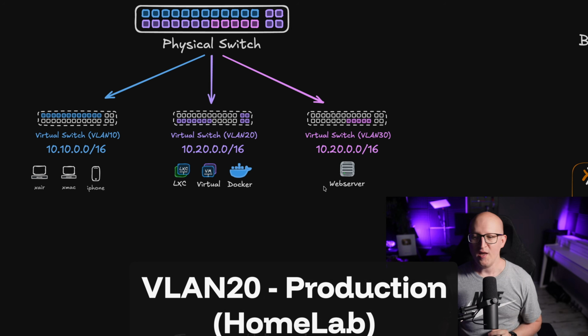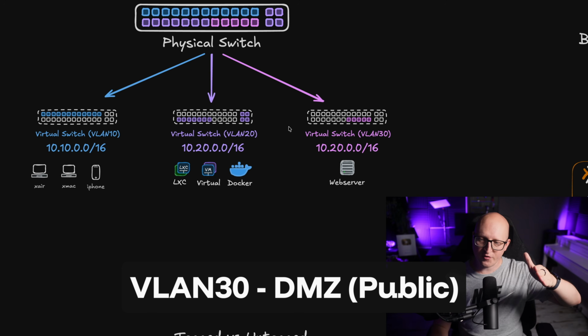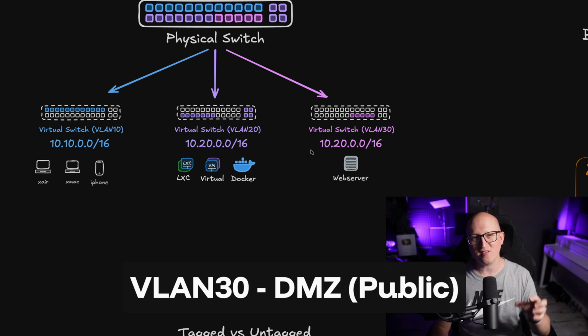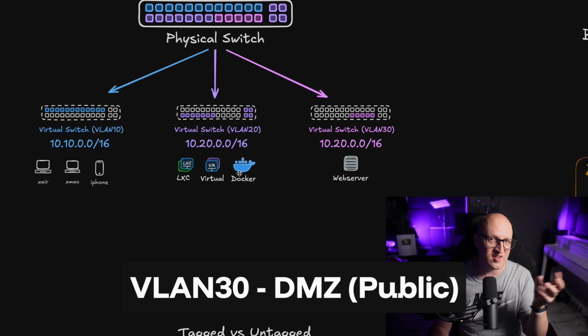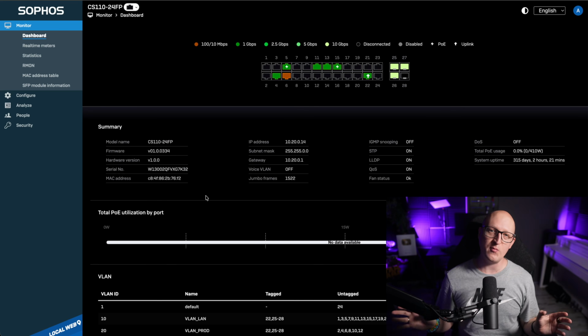And the third one is for the DMZ, which stands for demilitarized zone, and this is a separate network zone where you usually put your public-facing services, because you typically want to isolate that part from your protected devices so that there is no natural lateral movement between your public-facing services and maybe your self-hosted password manager or something like that. Now, one thing is really important to understand.